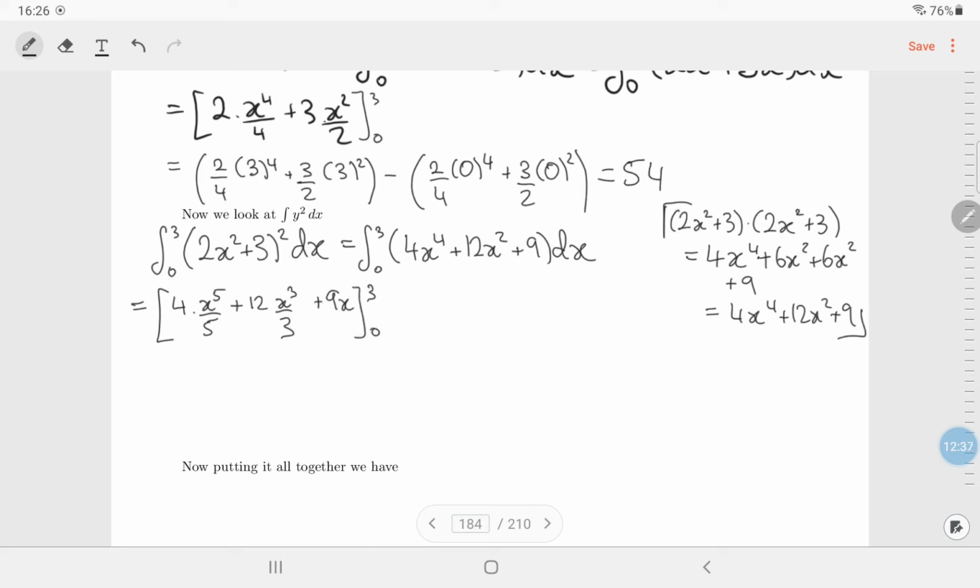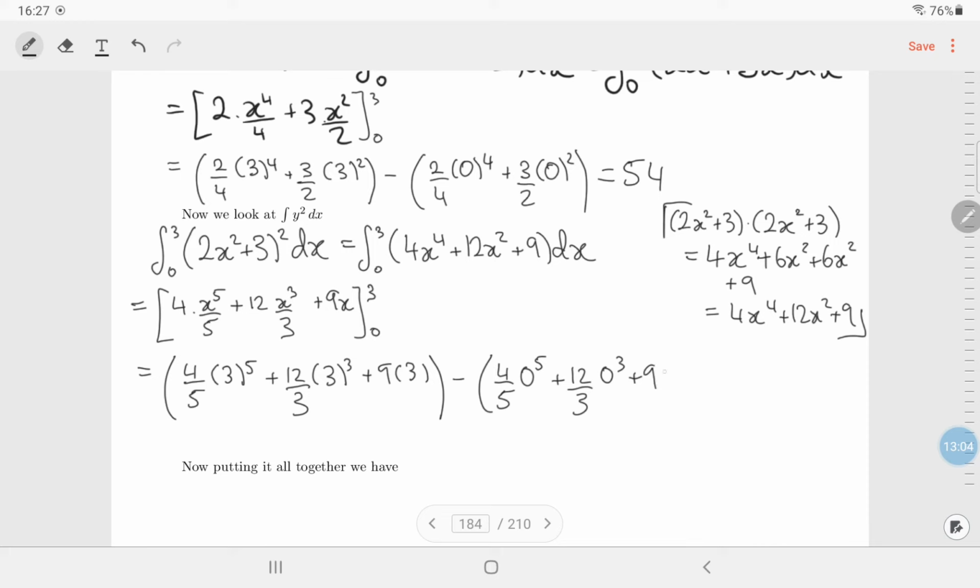Now we do top limit minus bottom limit. So 4/5, 3 to the 5, plus 12/3, which is 4, times 3 cubed, plus 9 times 3. Substitute, minus substitute in the 0. So 4/5, 0 to the 5, minus 12/3, 0 cubed, minus 9 times 0.